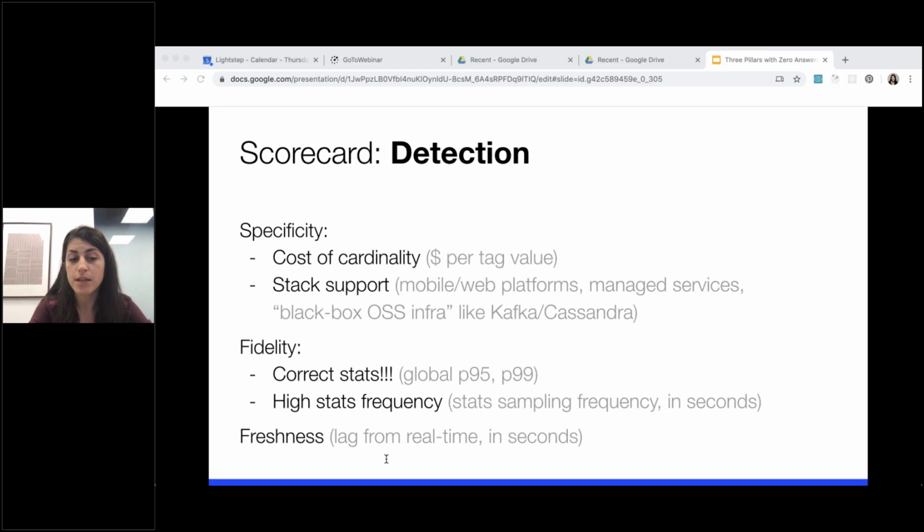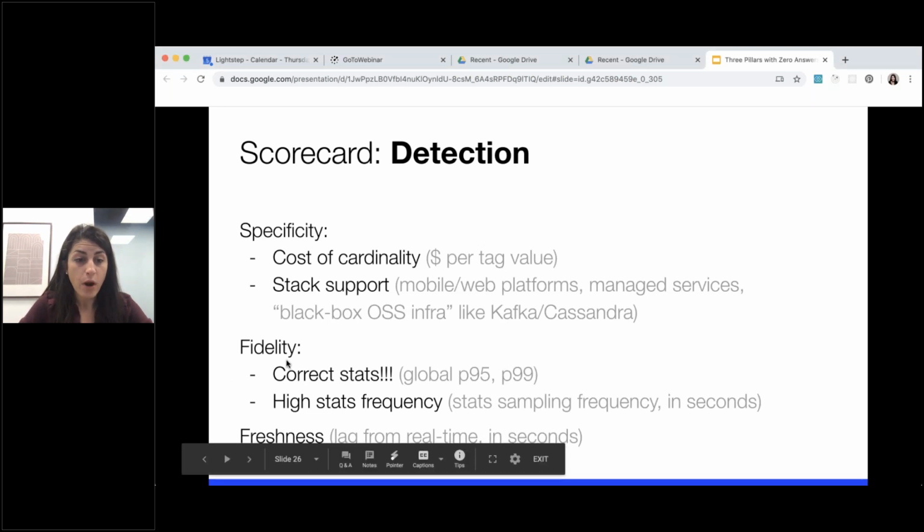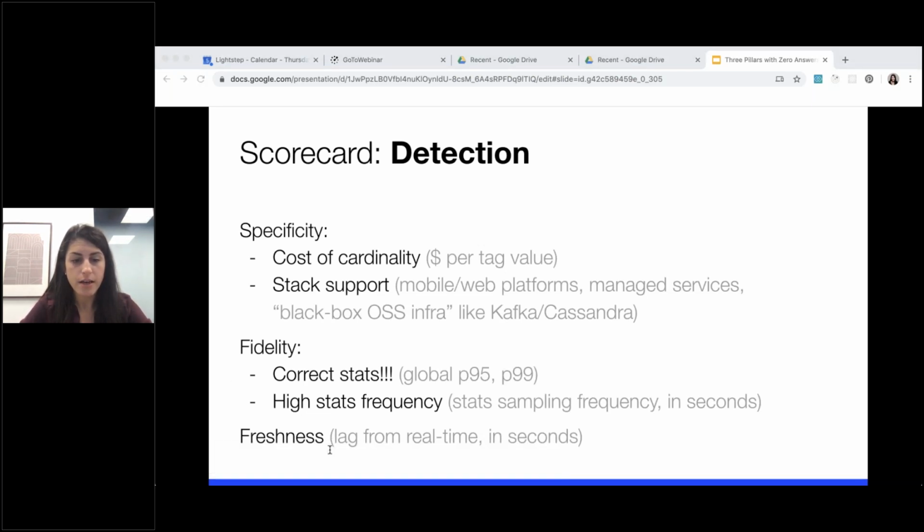That's not the true P99, and a lot of people don't realize that. So if you are measuring P99, that's awesome. That's a really great way to understand the outliers in your system. But you should really be careful about statistics because a lot of the times you're not truly looking at a P99 value. The other part of fidelity here is the high stats frequency.